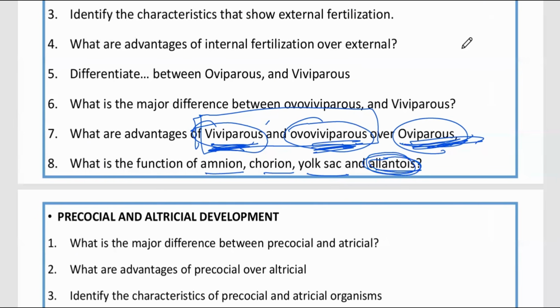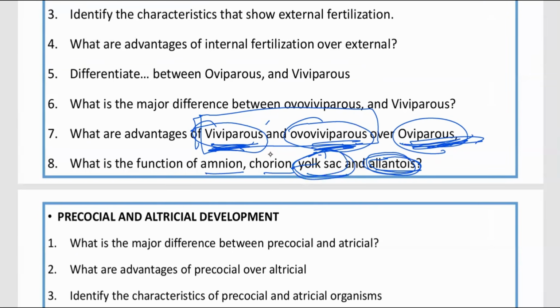So it stores waste. I'm just giving you an example. Then yolk sac. The yolk sac contains yolk, and this sac has a connection to the baby, so it provides nutrients to the developing embryo.